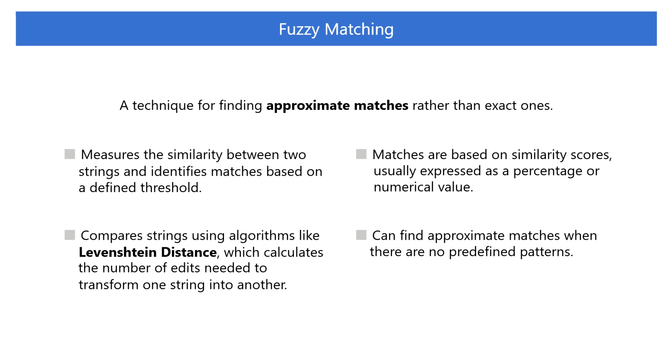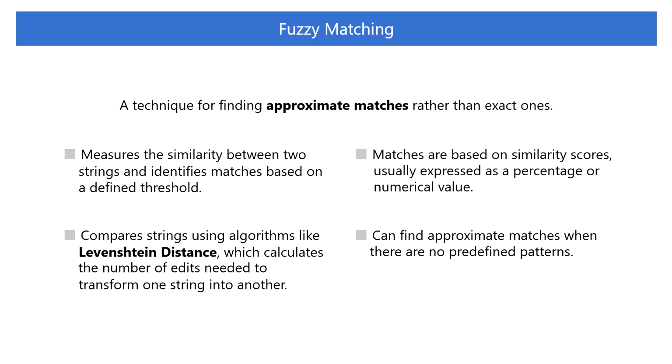Now, let's focus on fuzzy matching. Fuzzy matching is a technique for finding approximate matches rather than exact ones. It measures the similarity between two strings and identifies matches based on a defined threshold.